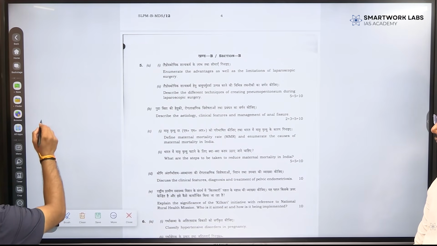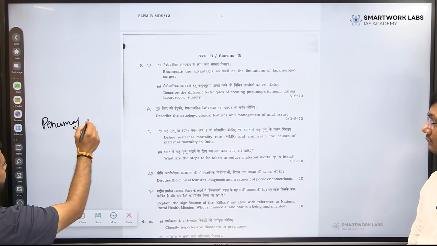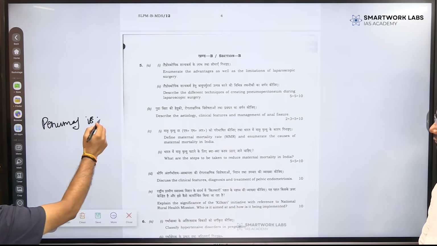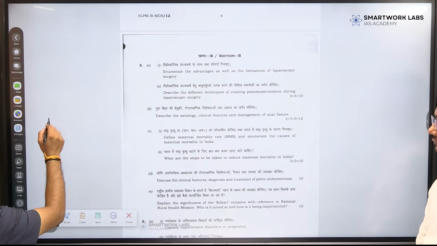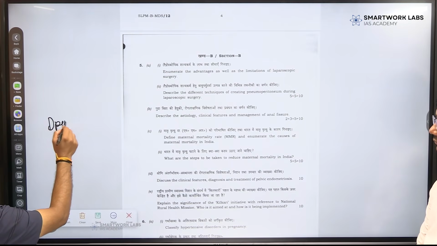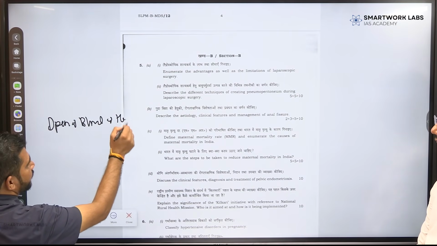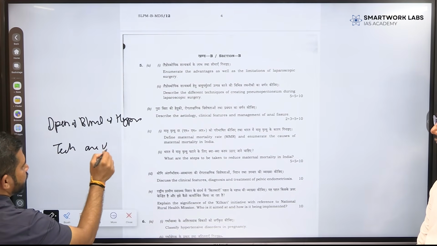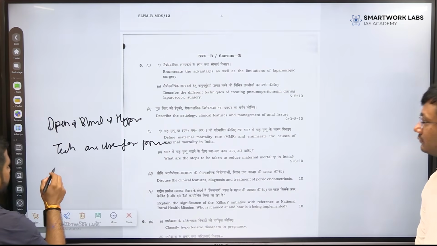Conclusion में आपको लिखना है: pneumoperitoneum is a technique, or you can simply write that open, blind and hybrid techniques are used for creating pneumoperitoneum.